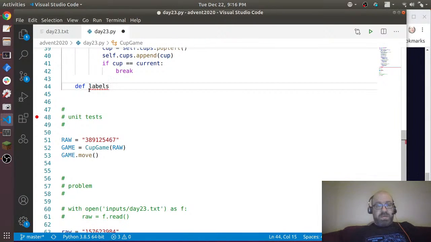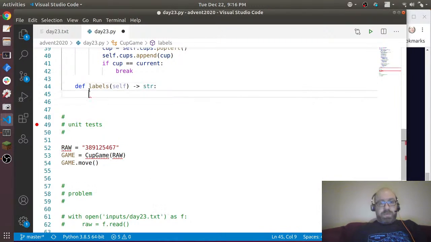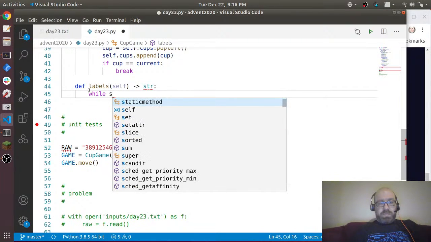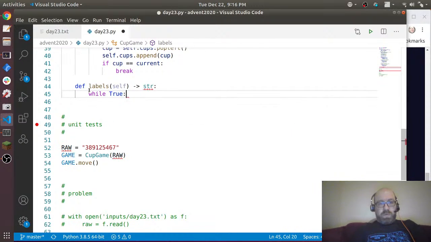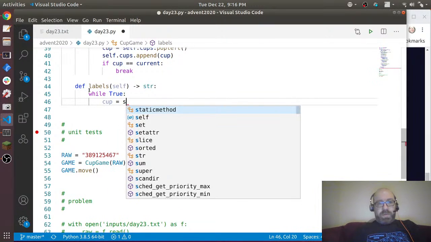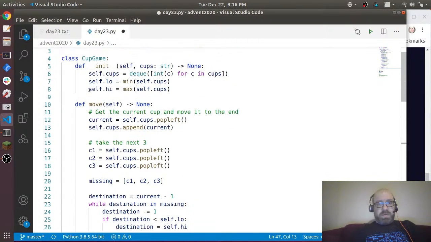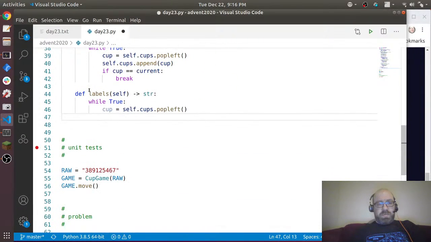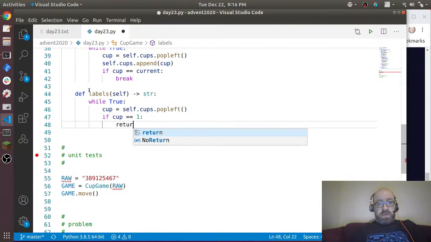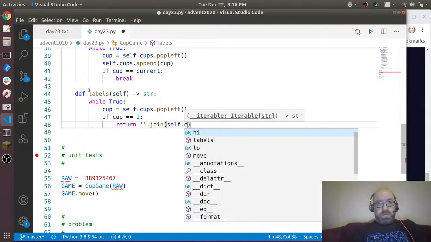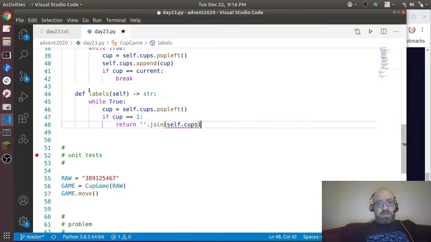def labels(self) goes to a string, and let's say while True, cup equals self.cups.popleft(). If cup equals 1, then return self.